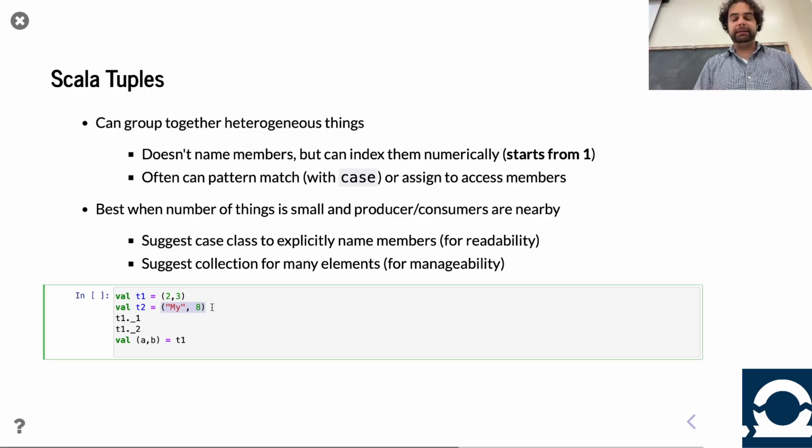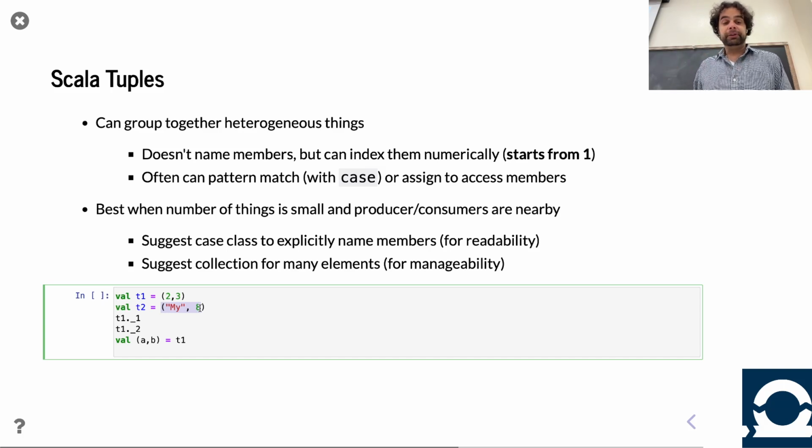And rather than having named fields like a Scala class, case class, or Chisel Bundle, this is just, cool, things put together. They do not need to be the same type. Typically they're heterogeneous, but there's no rule about that. So yeah, for a couple of things, two, three things, these are perfect, right? If you have 10 things, maybe you should use a class. But we'll see some examples in a second where we'll do two things, and the tuple is really good.